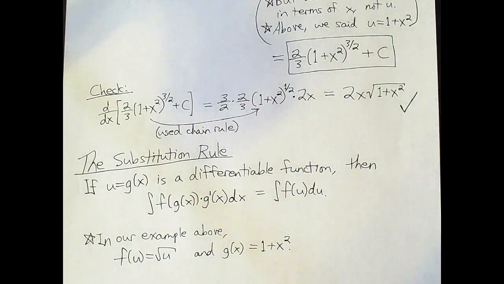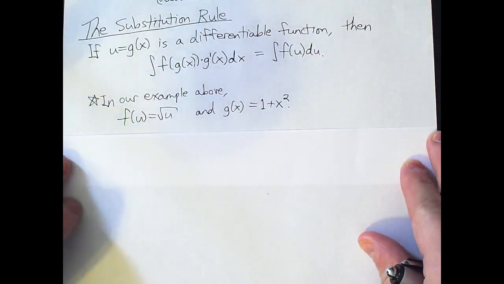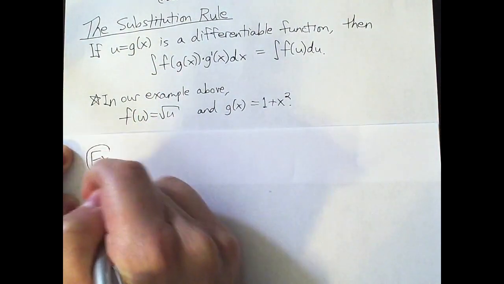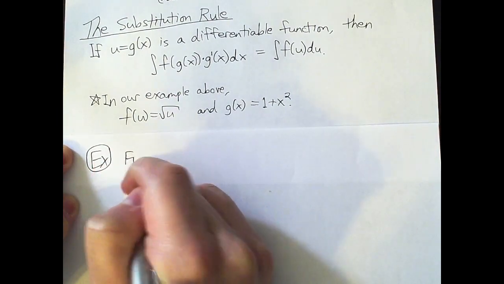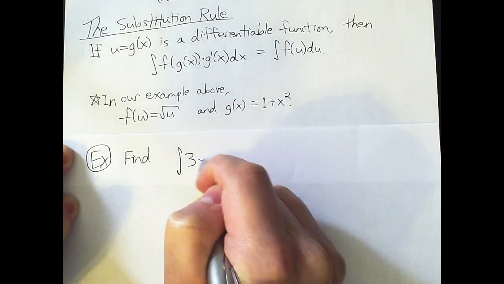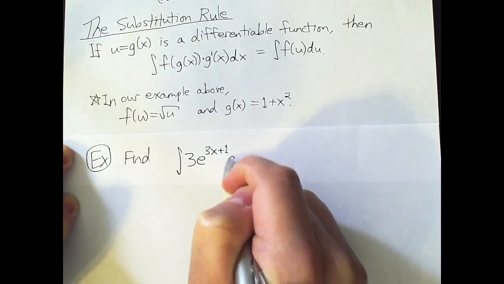Now, let's do some other problems, because we just talked about this one problem. So I want to show you some other ones, using this strategy to answer questions that we couldn't do until now. So, for example, let's say we want to find the integral of 3e raised to the 3x plus 1 dx.